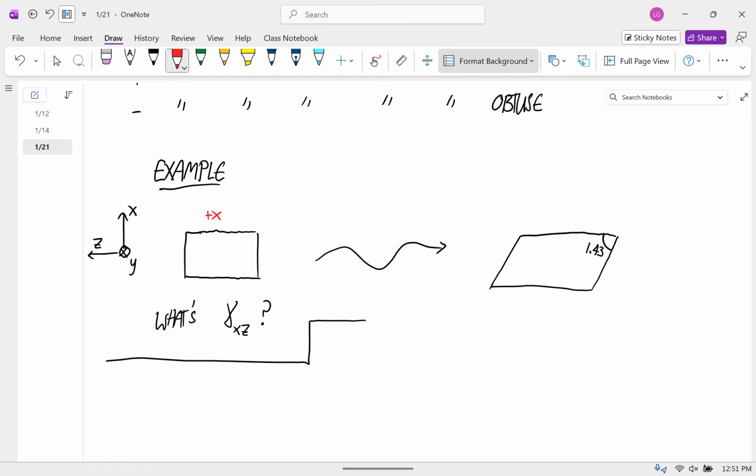The positive z face would be over here. Any questions about that? Same over here after the deformation. So there's our positive x and our positive z. And so the angle that we need in order to calculate this shear strain is this one.